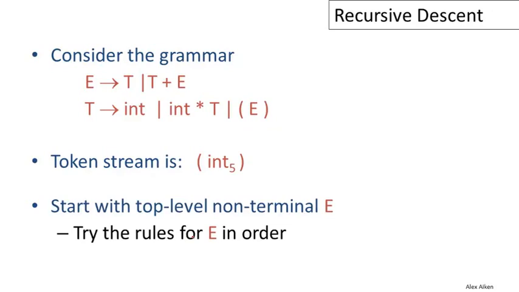I'm just going to walk through how this input string would be parsed by using this grammar and the recursive descent algorithm. The basic idea is that we begin with a non-terminal, the root node, and we always try the rules for a non-terminal in order. So we will begin with E goes to T, and if that doesn't work, we'll try E goes to T plus E.